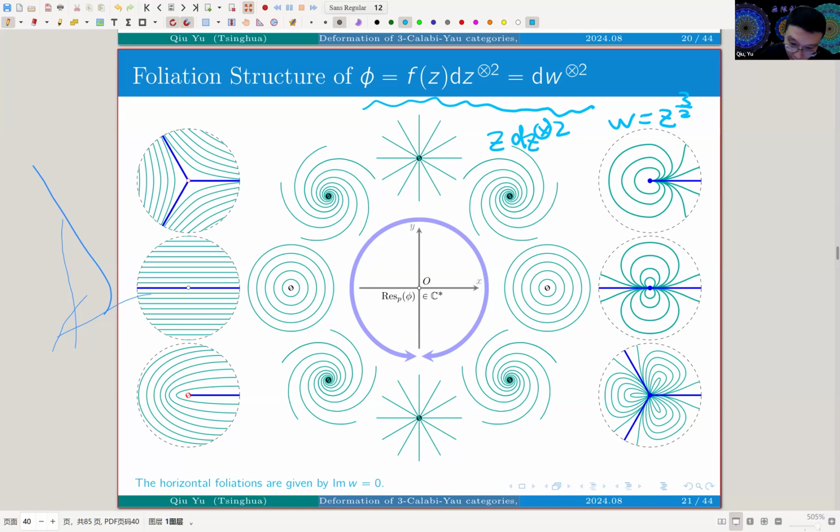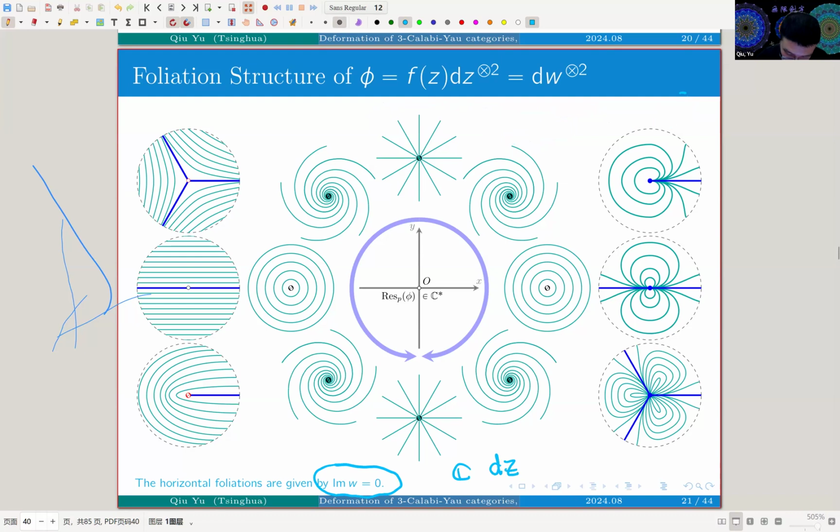Anyway, if you use the distinguished coordinate w and solve imaginary part of w equals 0, then on C, the trivial quadratic differential is this one, which basically means w is z.